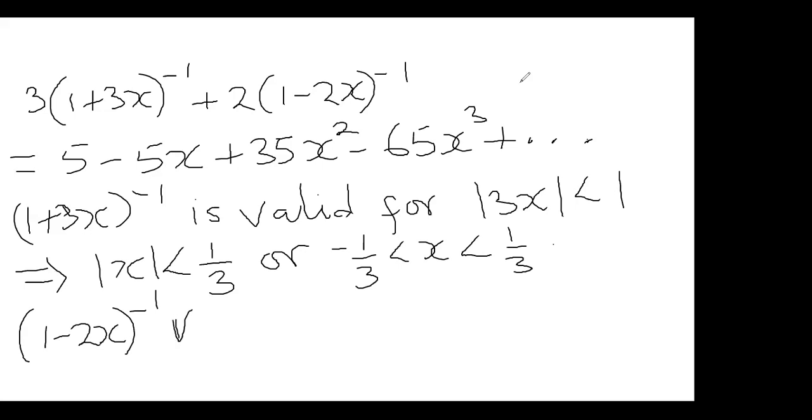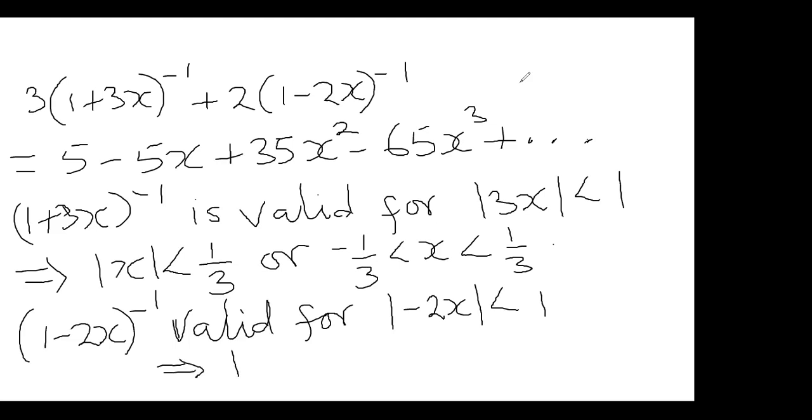This one is valid for absolute value of negative 2x less than 1, and that will give us absolute value of x less than half, or minus half less than x less than half.